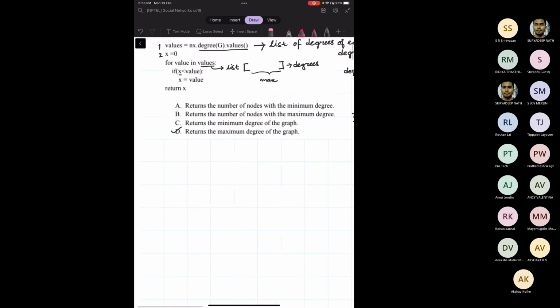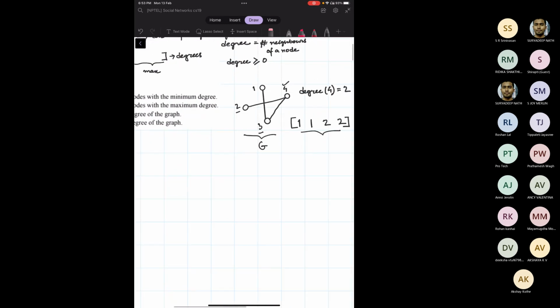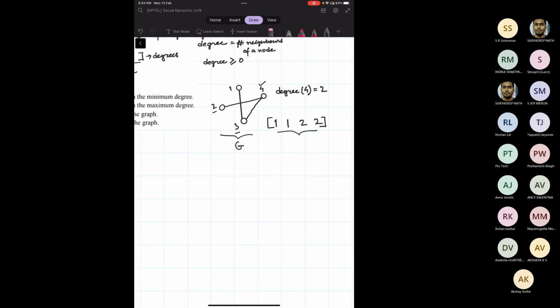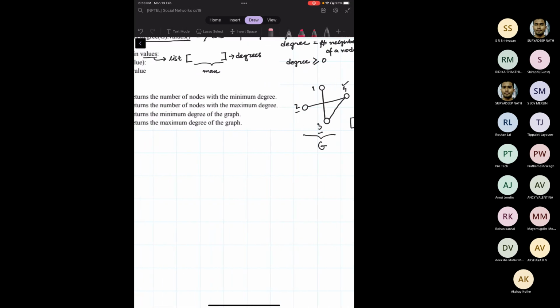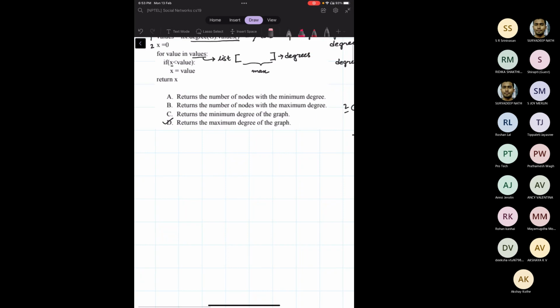over here. So degree is the number of neighboring nodes, so it can never be negative. It's only greater than or equal to 0. So in that case, for value in values, what it's doing is it's checking if value is less than x, it is updating value.